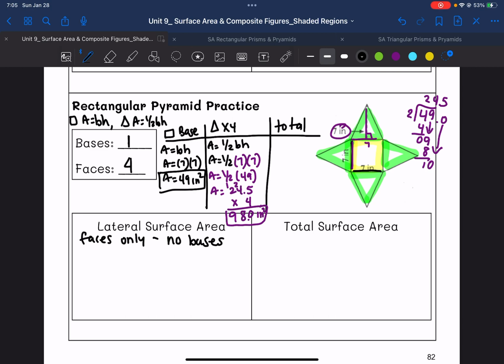How are we going to do that? Well, you can either do 24.5 plus 24.5 plus 24.5 plus 24.5, and you add all of that together, you're still going to get the same thing.